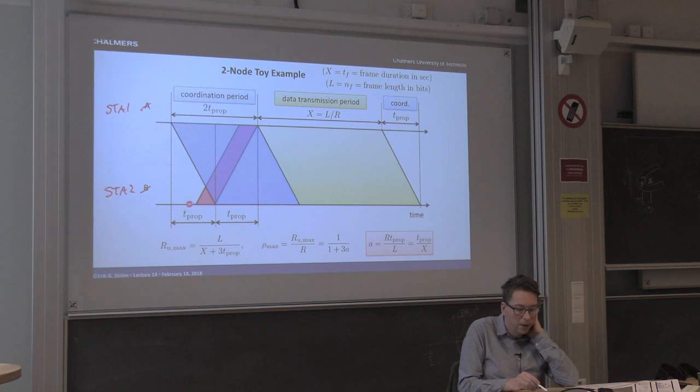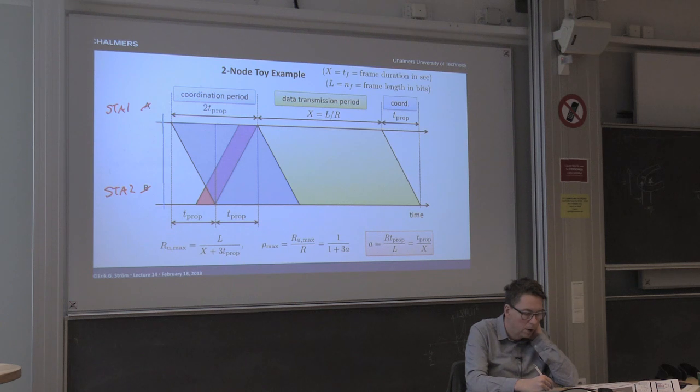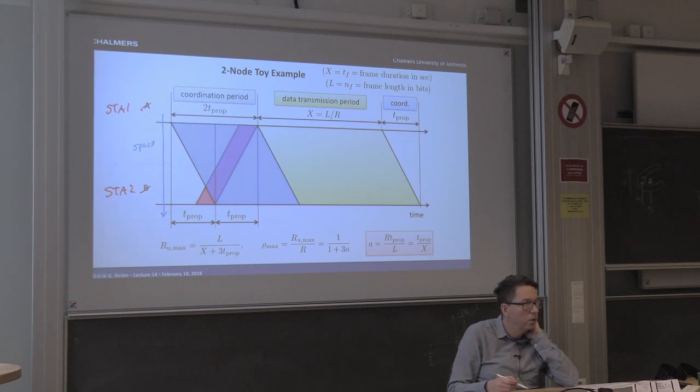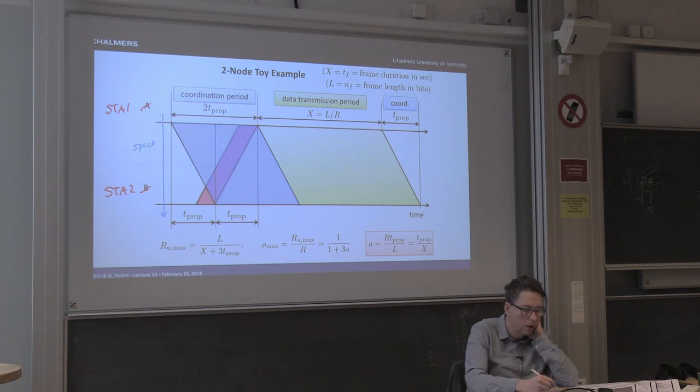And here's a time axis, like this, and here's a time axis. So time is on that, and here we have space, okay, or distance, whatever you would like to call it. Okay, so we can think of this as being actually the cable that goes like this.